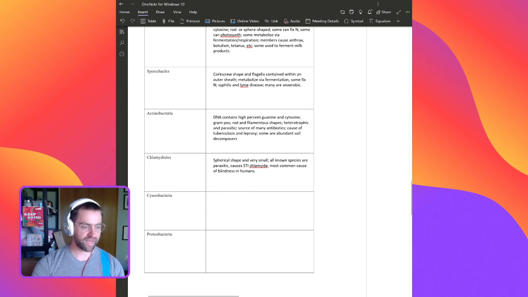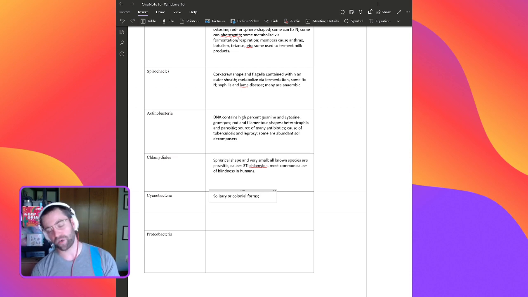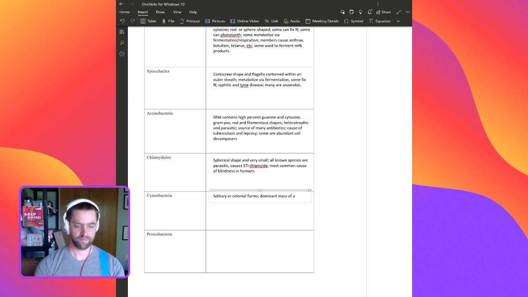All right, cyanobacteria. Cyan, literally the color, so named because of their color. Cyanobacteria are cool because they can have solitary or colonial forms. They are the dominant mass of aquatic environments, meaning they make up more biomass than any other group of organisms in the ocean.